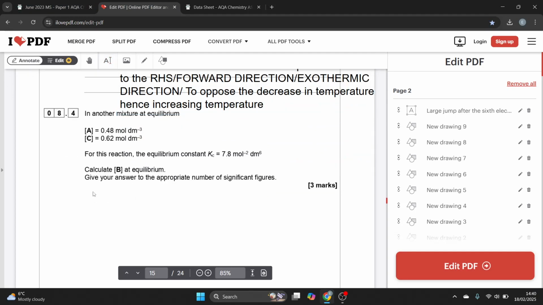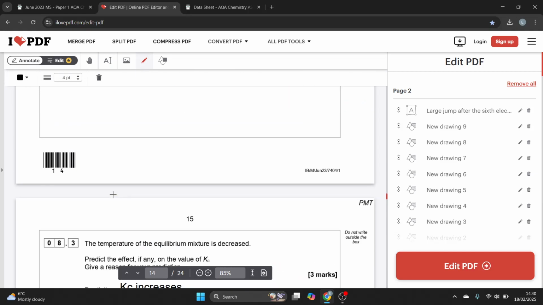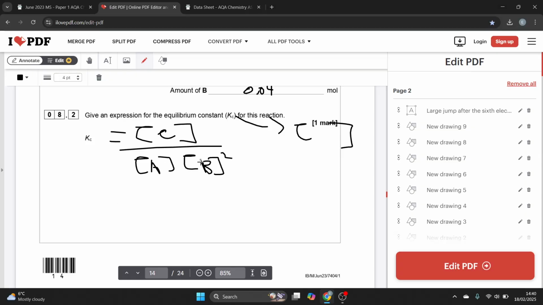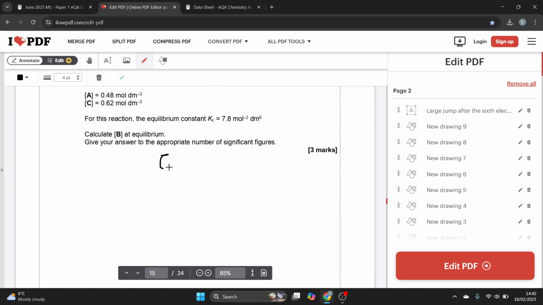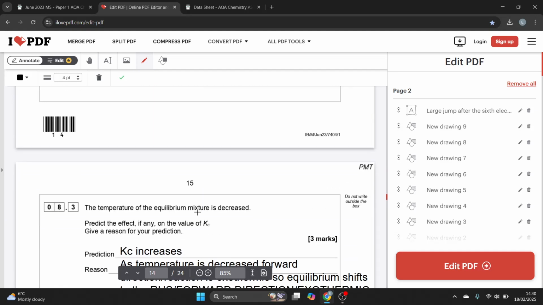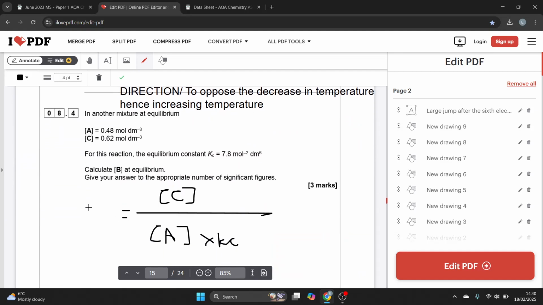Question 8.4, calculate B at equilibrium. So I've got my Kc expression. I want to find B. So first thing I would do is rearrange it. B squared equals concentration of C divided by concentration of A times by Kc, but I want B, so it's just going to be the square root of that.